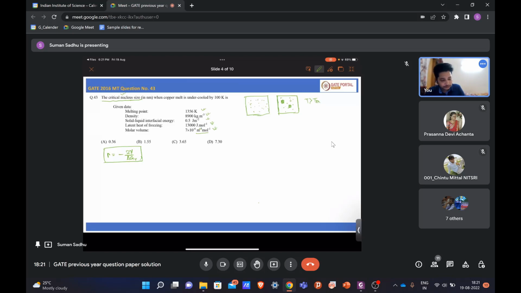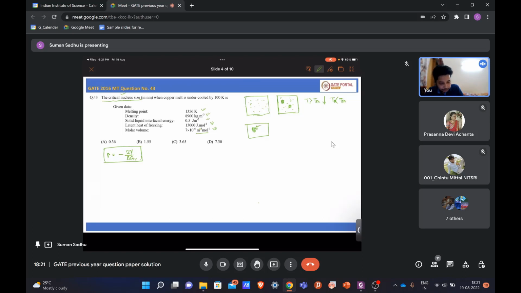Now, if you decrease the temperature below Tm, let's say this one cluster is there, which is regularly arranged by short-range ordering.